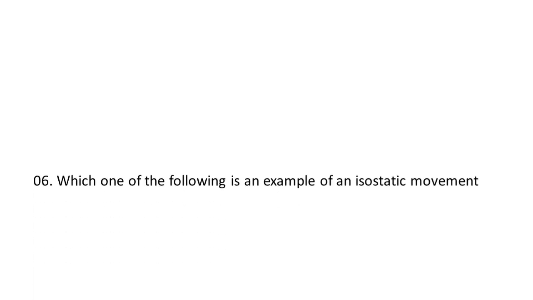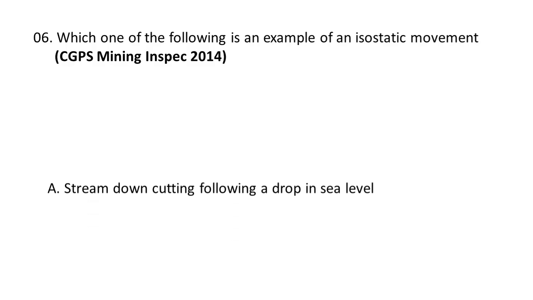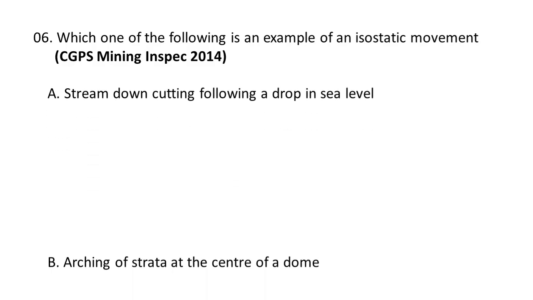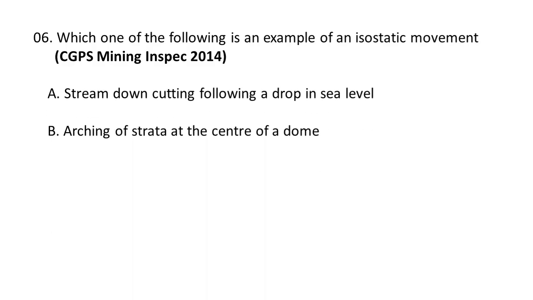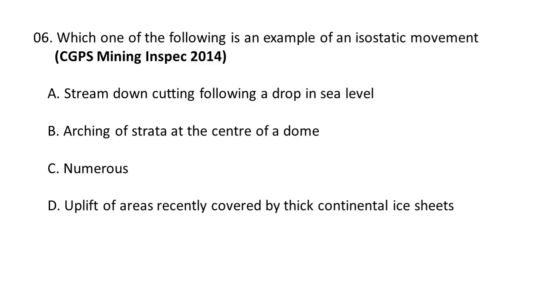Next question. Which one of the following is an example of an isostatic movement? A. Stream downcutting following a drop in the sea level, B. Arching of strata at the center of a dome, C. Numerous, and D. Uplift of areas recently covered by thick continental ice sheets.